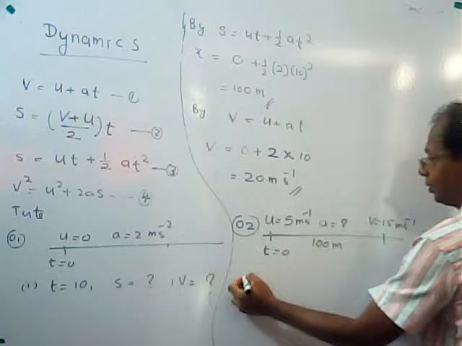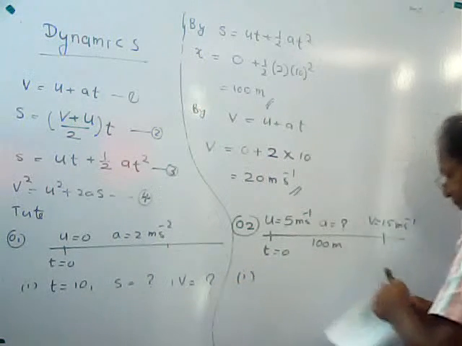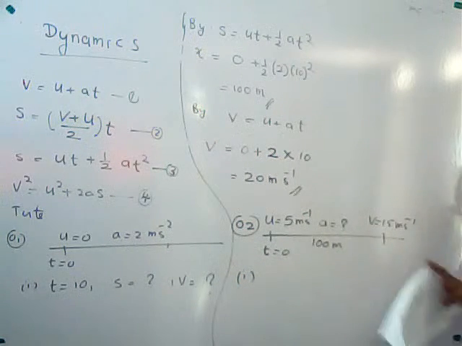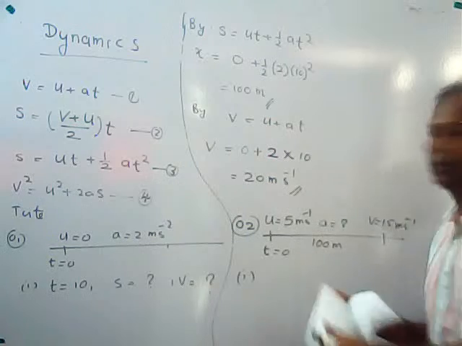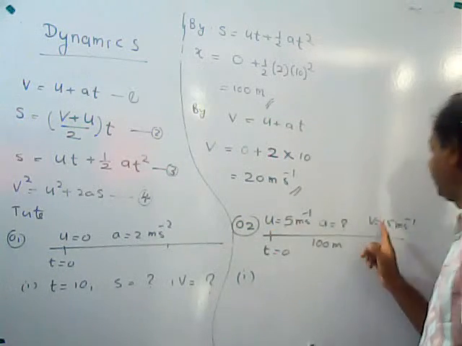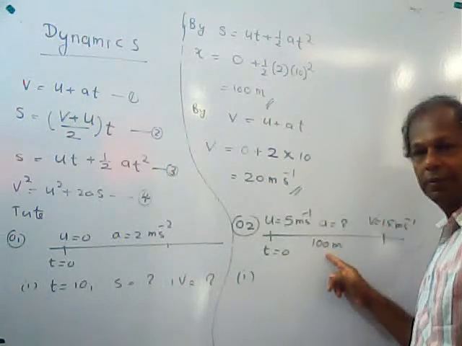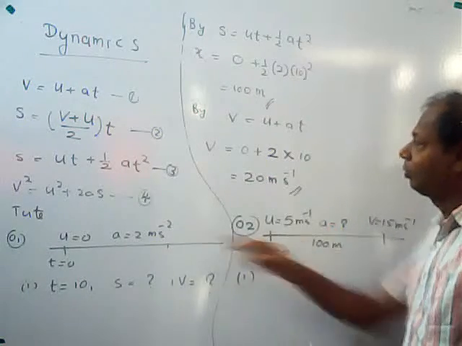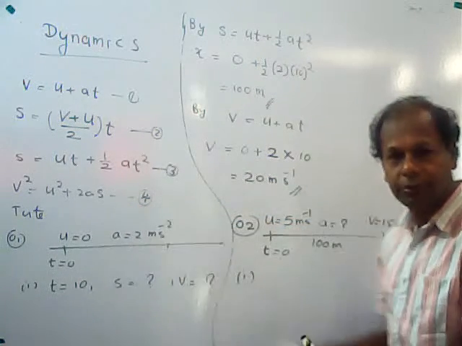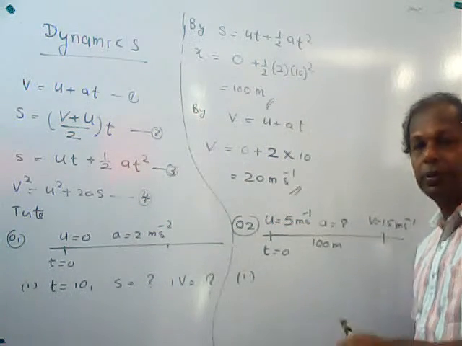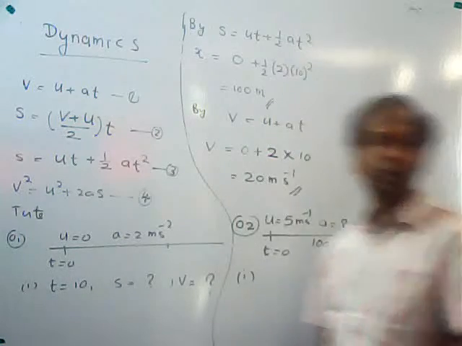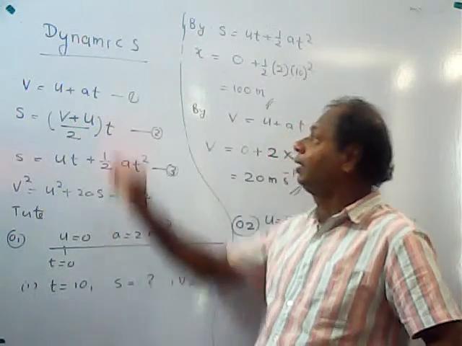Now to find acceleration. We know u, we know v, we know s. Need to find a. So the best option is the fourth. I told you to do this carefully.